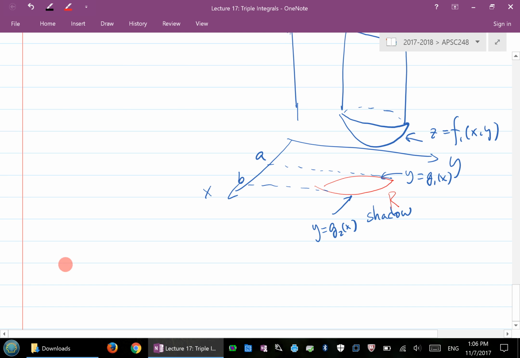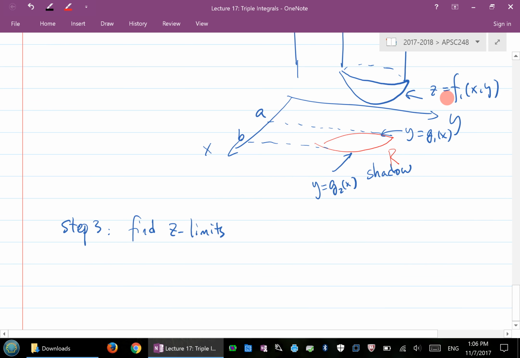The next step, step number 3, is to find the integral limits. First, we find the z limits, because this is the order of integration we're doing. So we need to find the z limits here. How do I find the z limits?